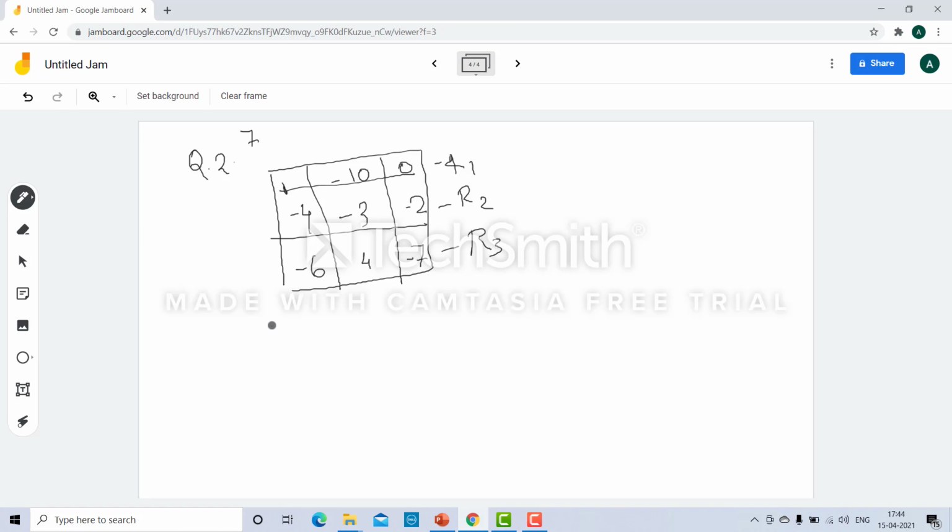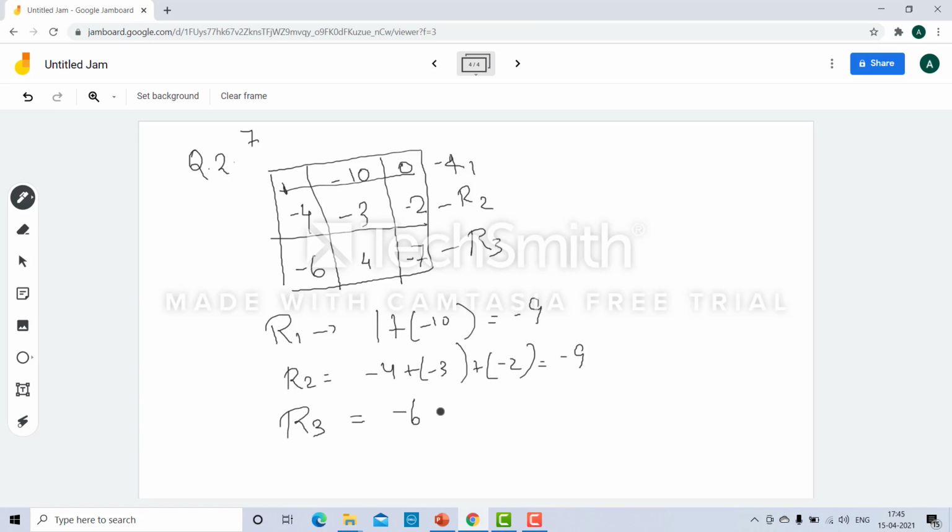So let us see if we are getting the same value or not. R1, we are getting 1 plus -10, so it will be -9. Then R2, we will get -4 plus -3 plus -2, again this will be -9. Then row 3, what will we get?